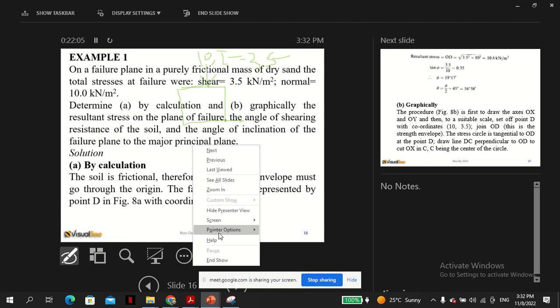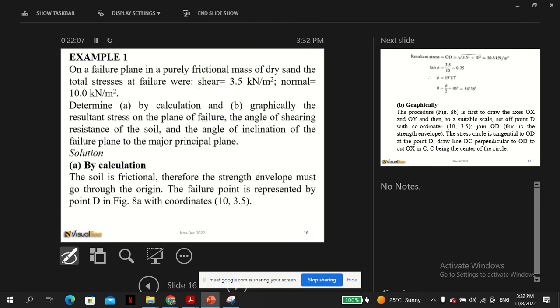Determine by calculation and graphically the resultant stresses on the plane of failure, the angle of shearing resistance of the soil, and the angle of inclination of the failure plane on the major principal plane.